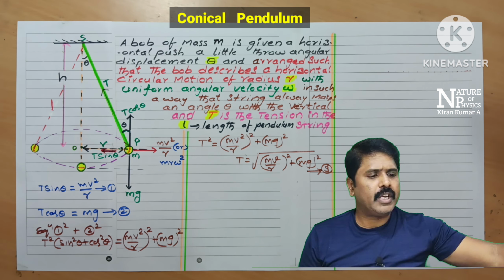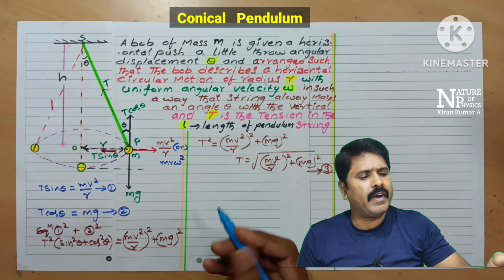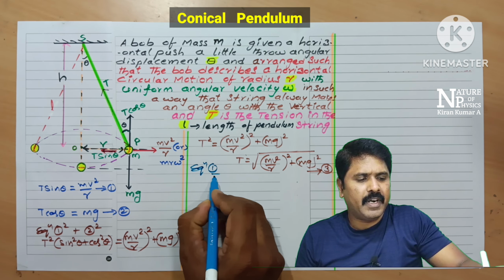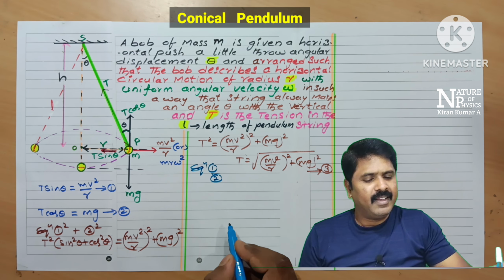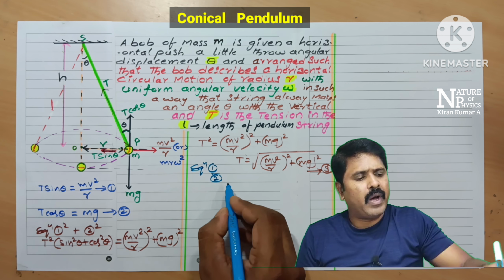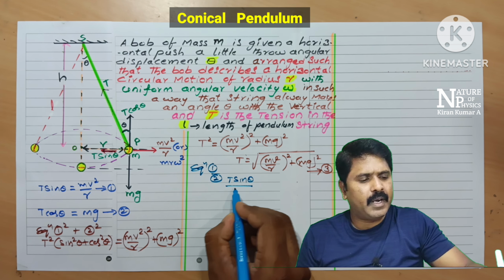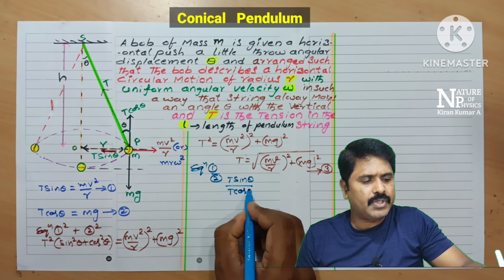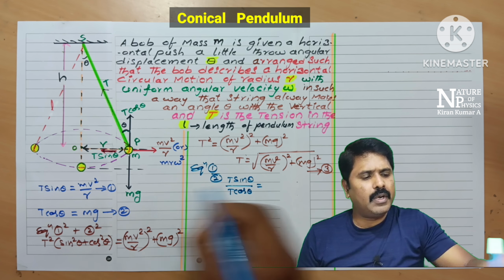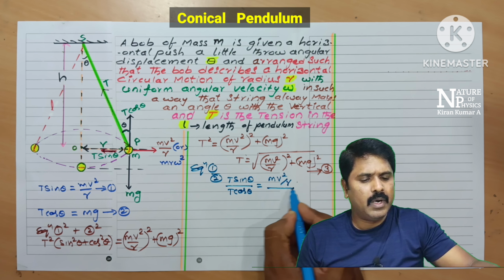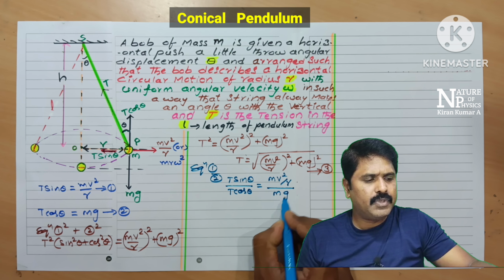In the continuation step, next I write equation 1 divided by equation 2. Equation 1, that is T sin theta, divided by T cos theta, is equal to (mv square by r) divided by mg.